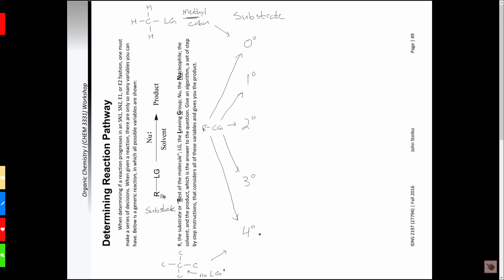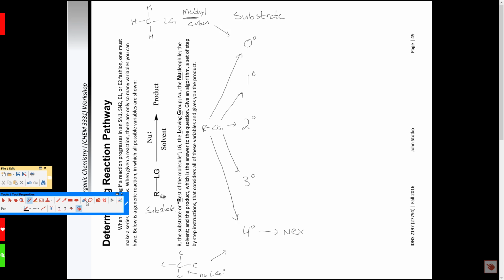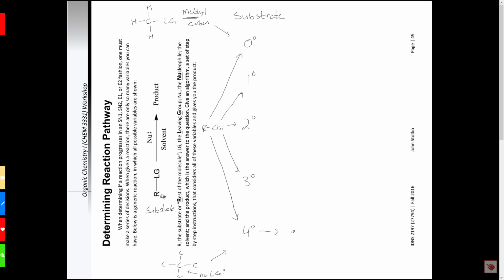From here, we've already determined quaternary carbons give no reaction, NRX, no reaction, obviously, because you can't actually have a leaving group. In fact, this decision right here wouldn't even exist.